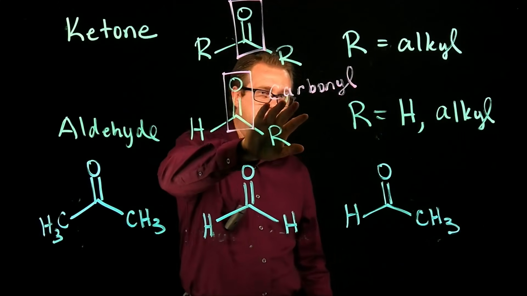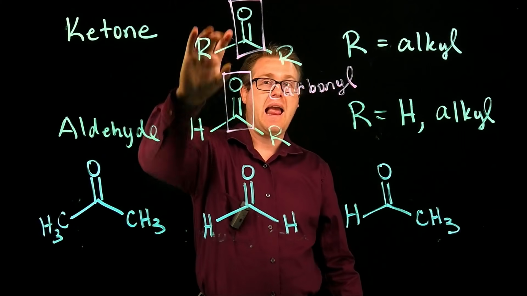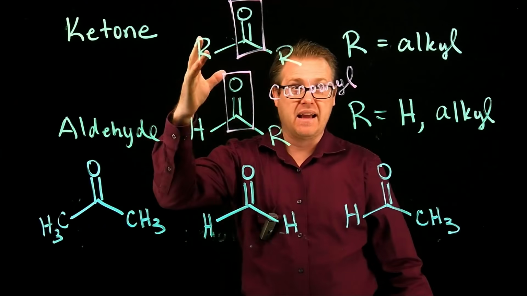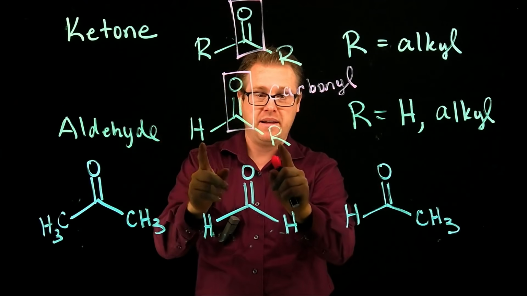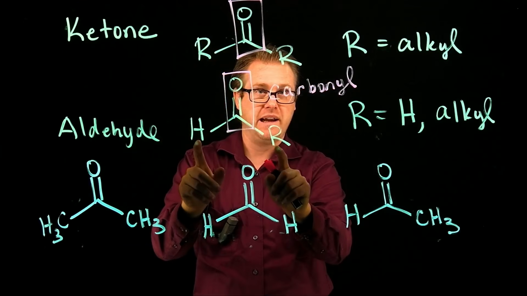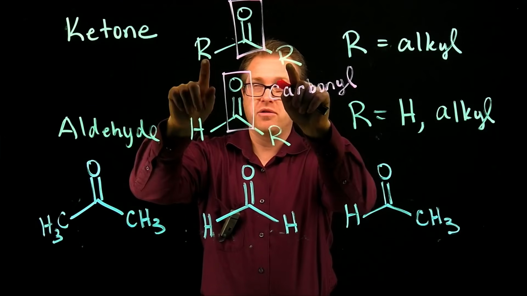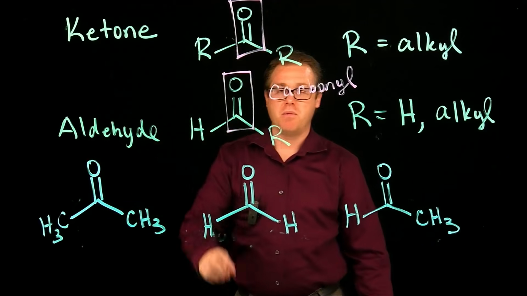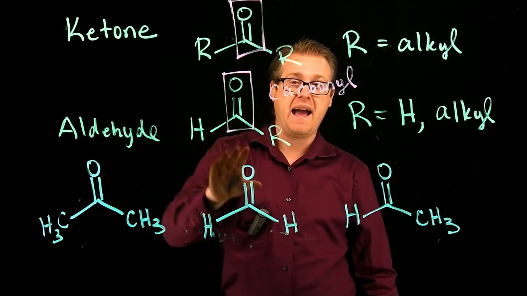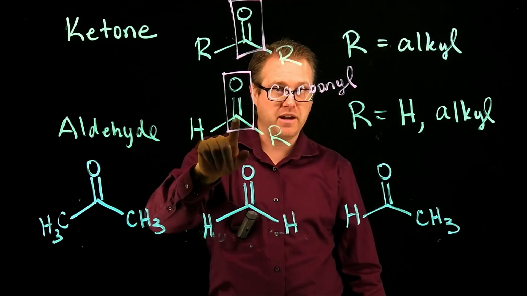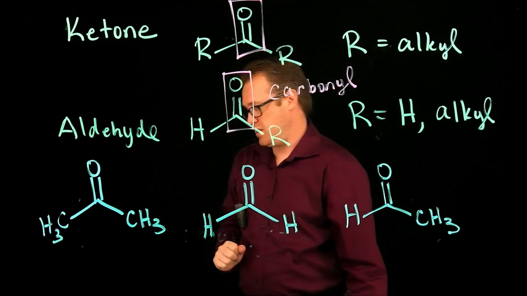So we have a carbonyl in an aldehyde and a ketone. What makes it an aldehyde or a ketone depends on what goes here. Hydrogen is going to be aldehyde, two alkyl groups is going to be a ketone. But both functional groups have a carbonyl. And carbonyls are simply a carbon double bonded to an oxygen atom.